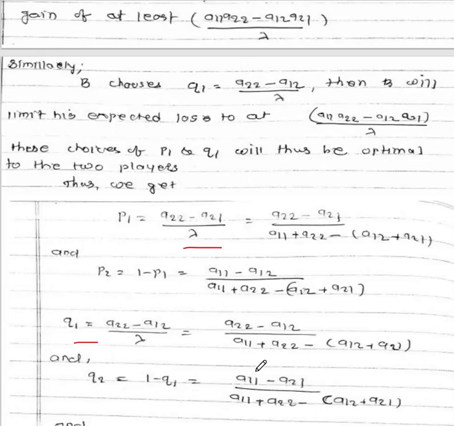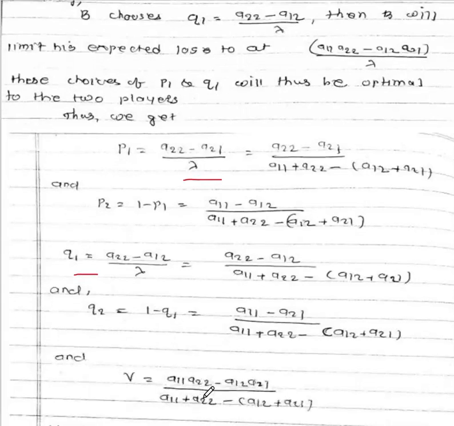Okay, by using the probability condition Q1 plus Q2 equal to 1, Q2 can be written as 1 minus Q1. Taking the cross multiplication and solving, you will get A11 minus A21 divided by A11 plus A22 minus A12 plus A21. Okay, so in this way we can find the probabilities P1, P2 for player A, and Q1, Q2 for player B.